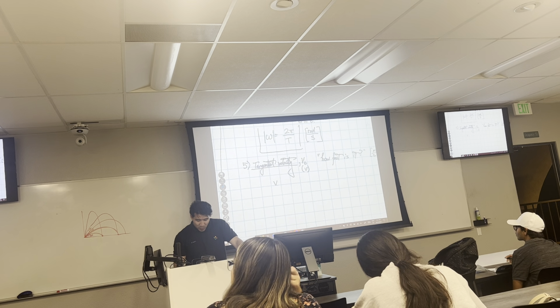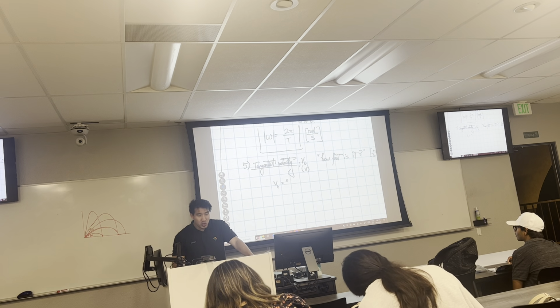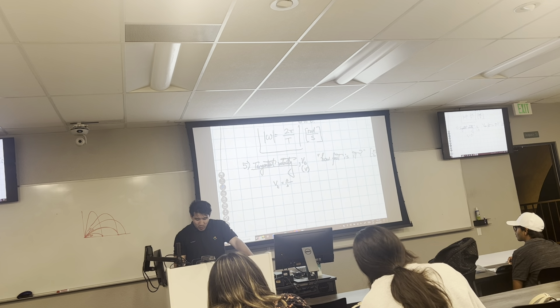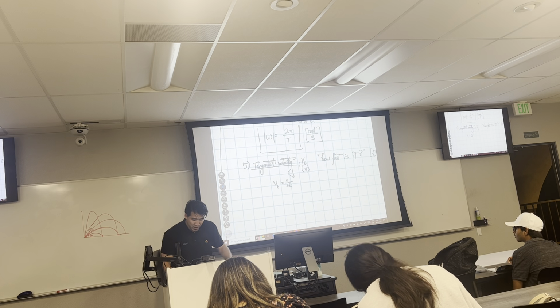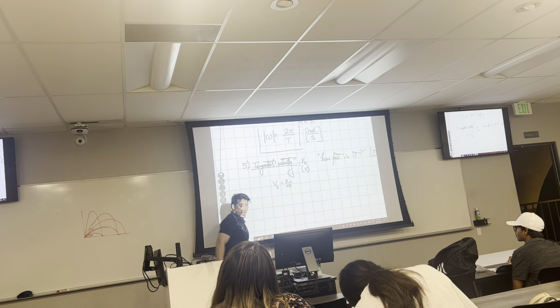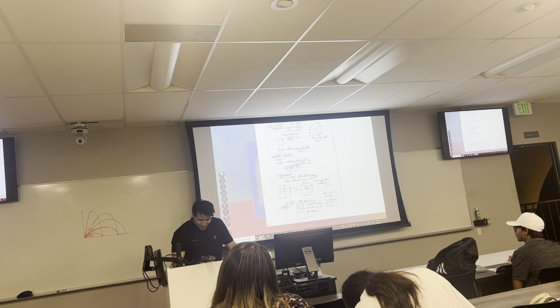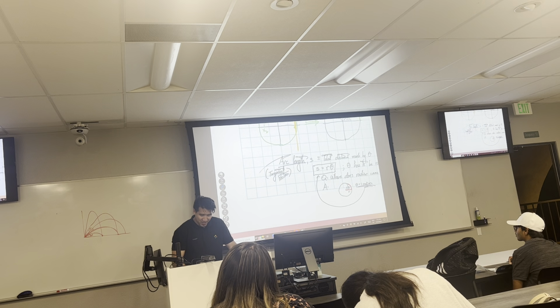So the tangential velocity is defined as the change in something over a change in time. Because it's tangential velocity, you would think that it's related to the tangential position, and it is.